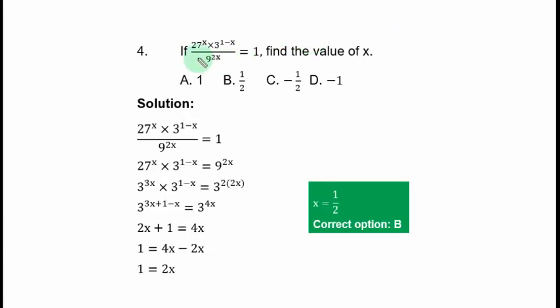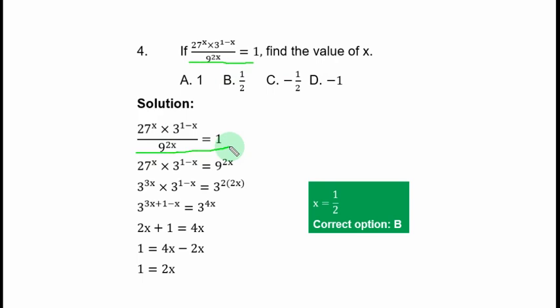Question 4. If 27 to the power s times 3 to the power 1 minus s, over 9 to the power 2s, is equal to 1, find the value of s. This is an exponential equation. So this is the given equation.